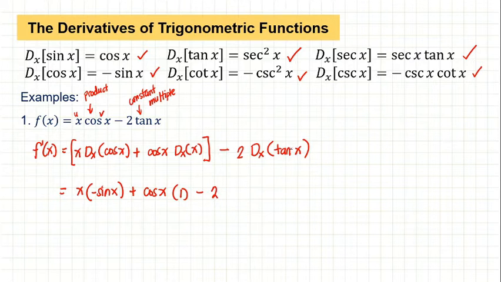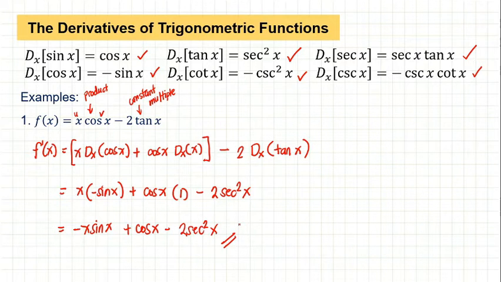Minus 2 times derivative of tangent x is secant squared x. So we have secant squared x. So that's it. Then let's simplify. We will have negative x sine x plus cosine x minus 2 secant squared x.